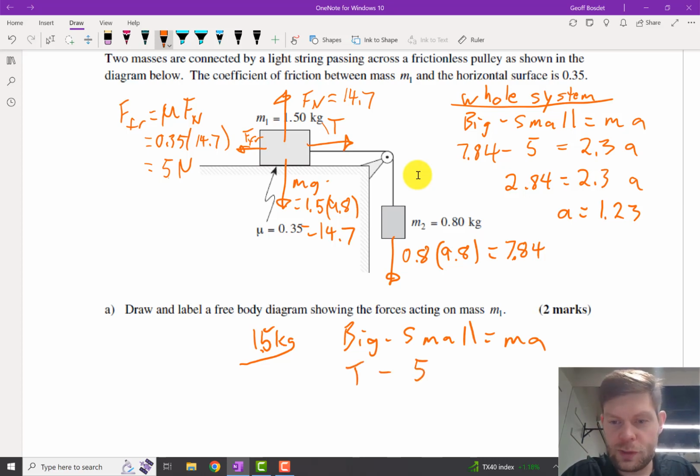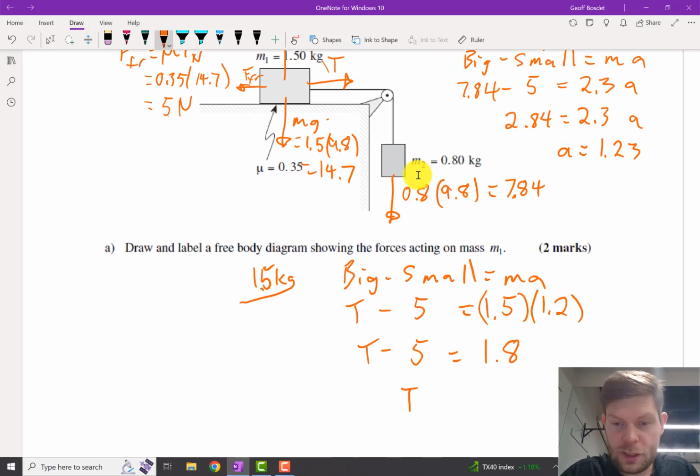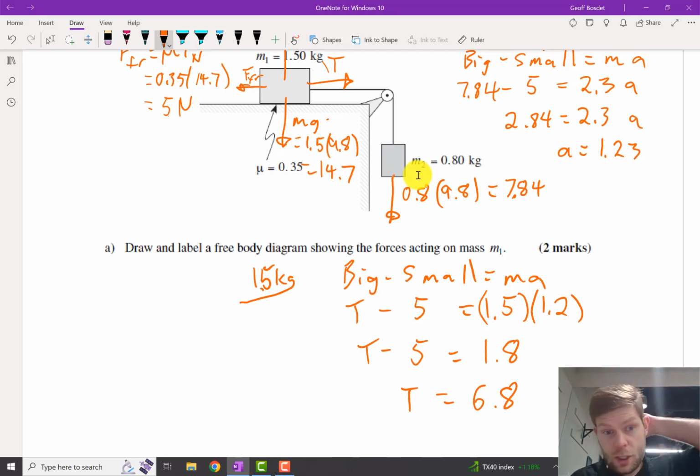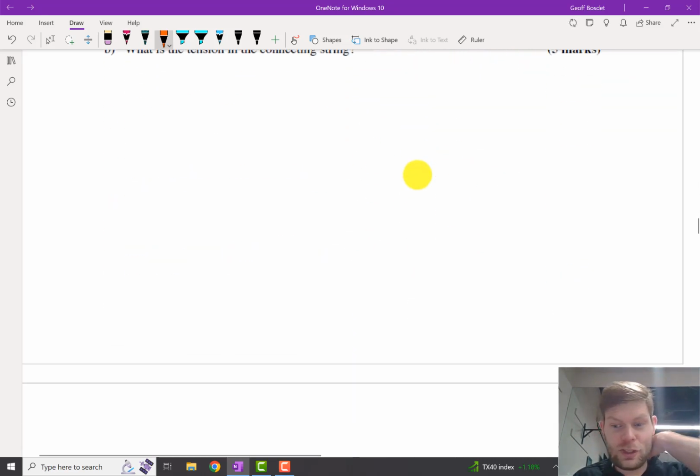Small is the 5 newtons, and I'm going to say that's equal to the mass of just this guy because we're just looking at that, 1.5. And I'm just going to say the acceleration is 1.2. 2 sig figs is plenty given my accuracy here. So that would be 1.8. Tension minus 5 equals 1.8. 5 plus 1.8 gives us 6.8 or so, given rounding. All right, so that's how you do that one.